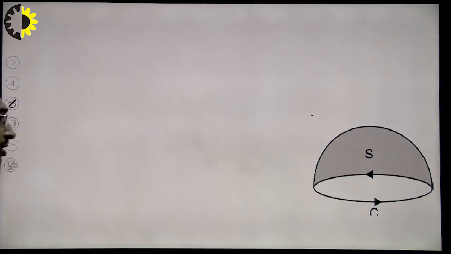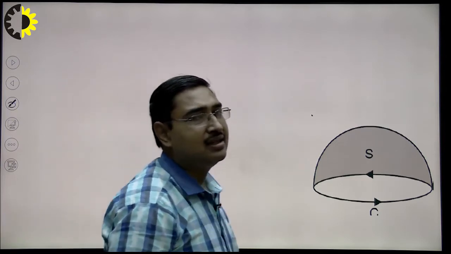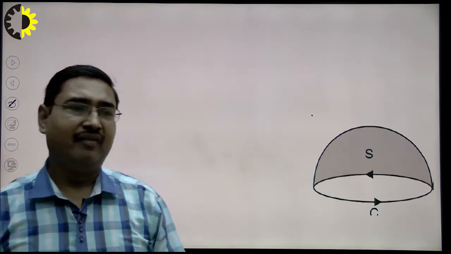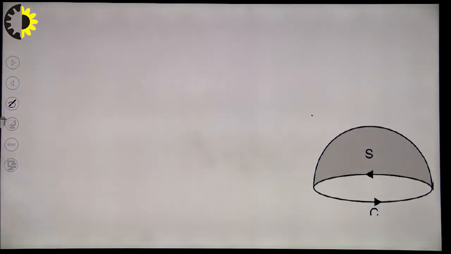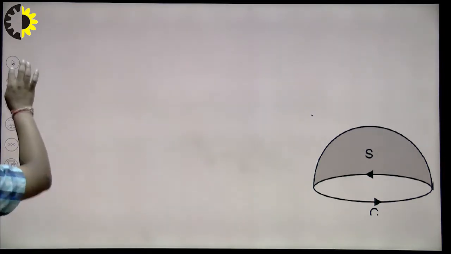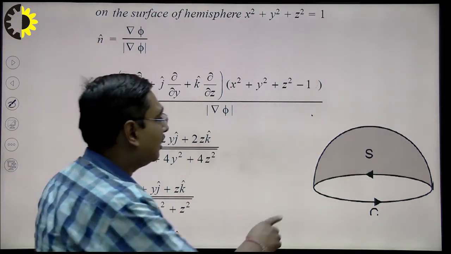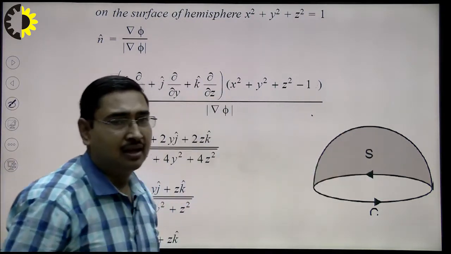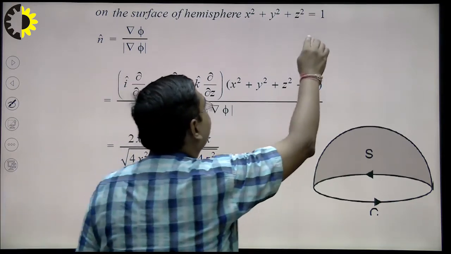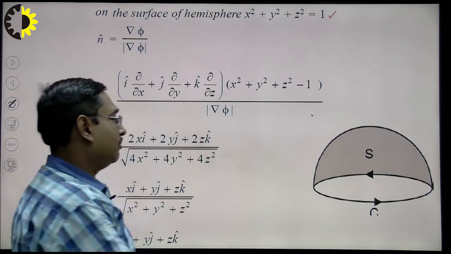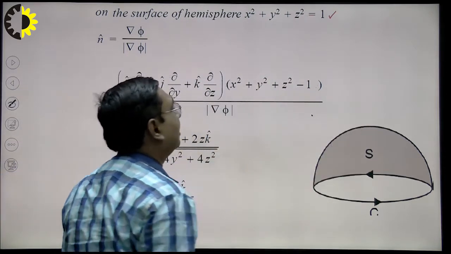So, we cannot directly find n cap in this case, and as we have learnt earlier, to find the normal vector of a surface we can use the gradient of phi. So, we shall use the gradient of phi here. For this hemisphere, the equation of the surface is x square plus y square plus z square equal to 1, because this is part of this sphere.